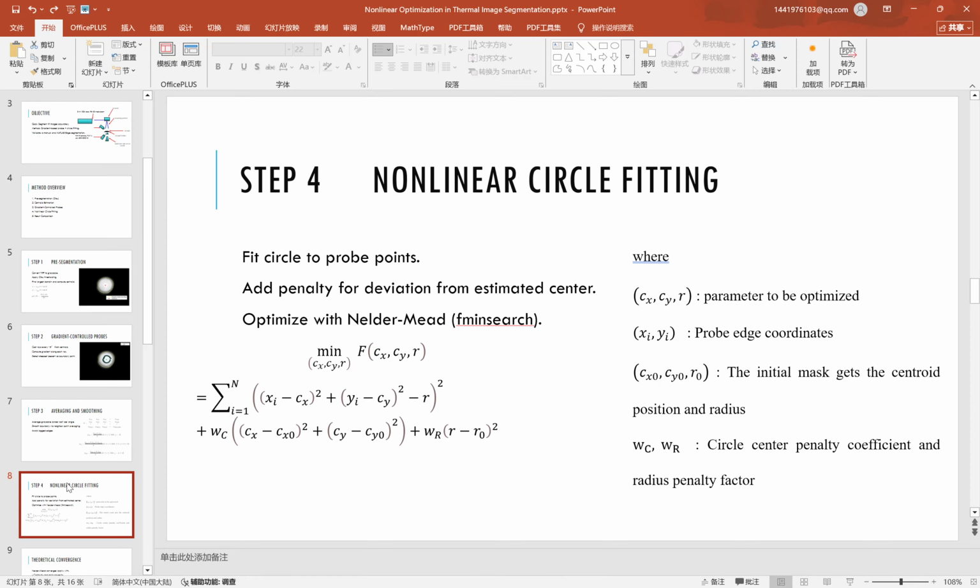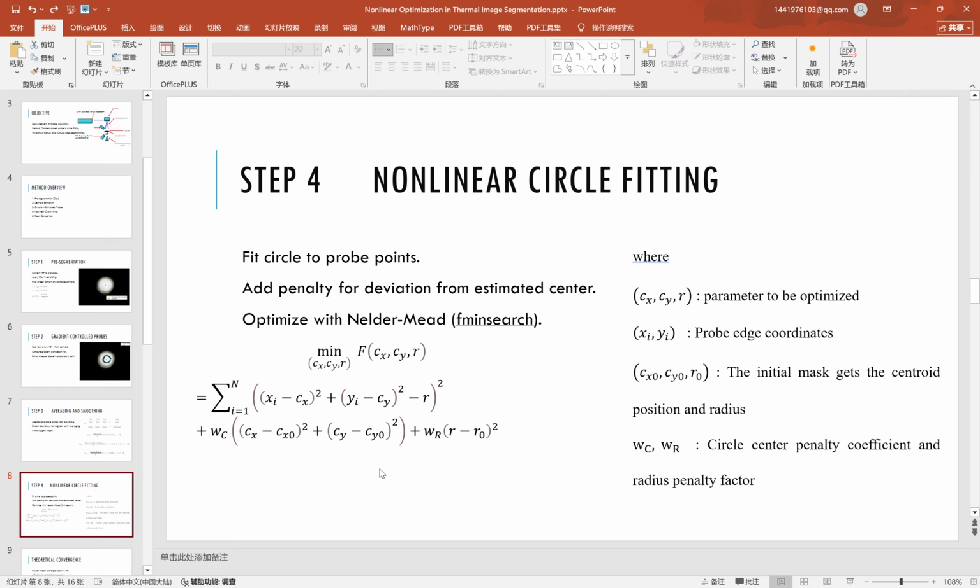is constructed. There are two main parts of the objective optimization function f of cx, cy, and r. The first part is the fitting term, and the second part is the penalty term, which penalizes the deviation of the center and radius of the fitting circle from the center and radius of the expected circle, respectively.